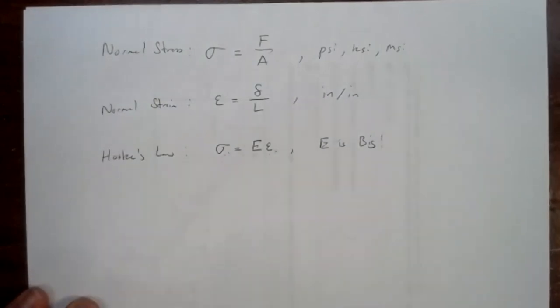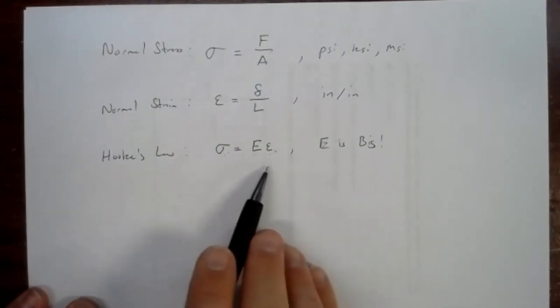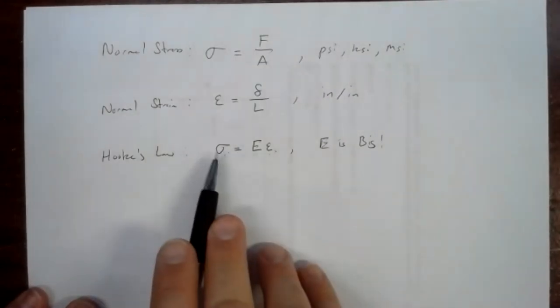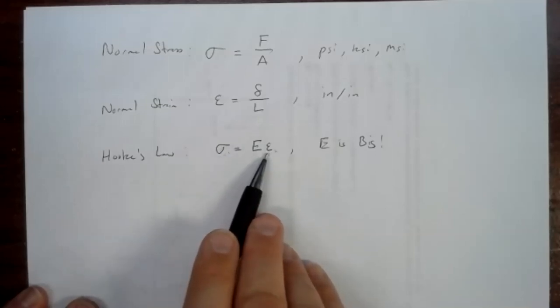And it becomes a little clearer if we turn this equation around, because this isn't how we'd actually use the equation. Normally, we know what stress is applied to a member. We can figure that out from the force and the area. We want to figure out what the strain is.